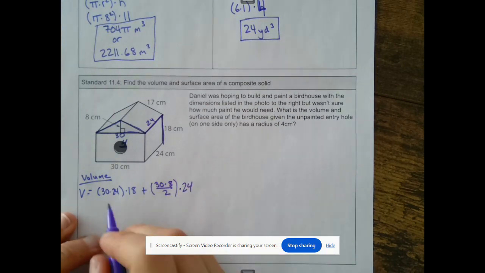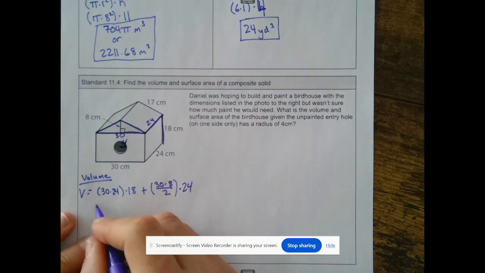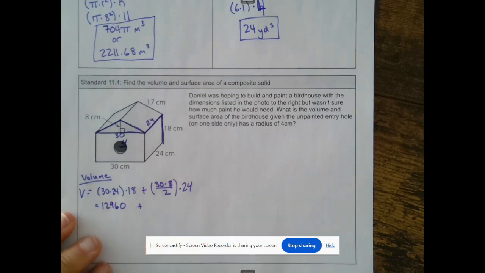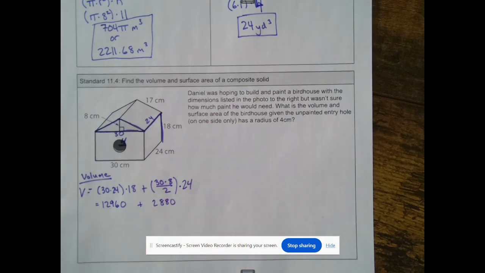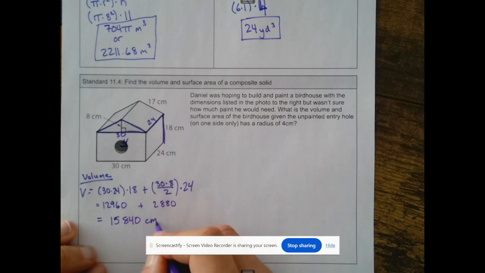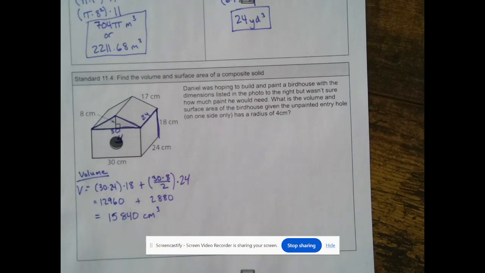So 30 times 24 times 18 is 12,960. 30 times 8 divided by 2 times 24 is 2,880. Add those two together, and you're going to get 15,840 centimeters cubed. Again, this is the rectangular prism volume. This is the triangular prism volume. Add them together. That's volume.